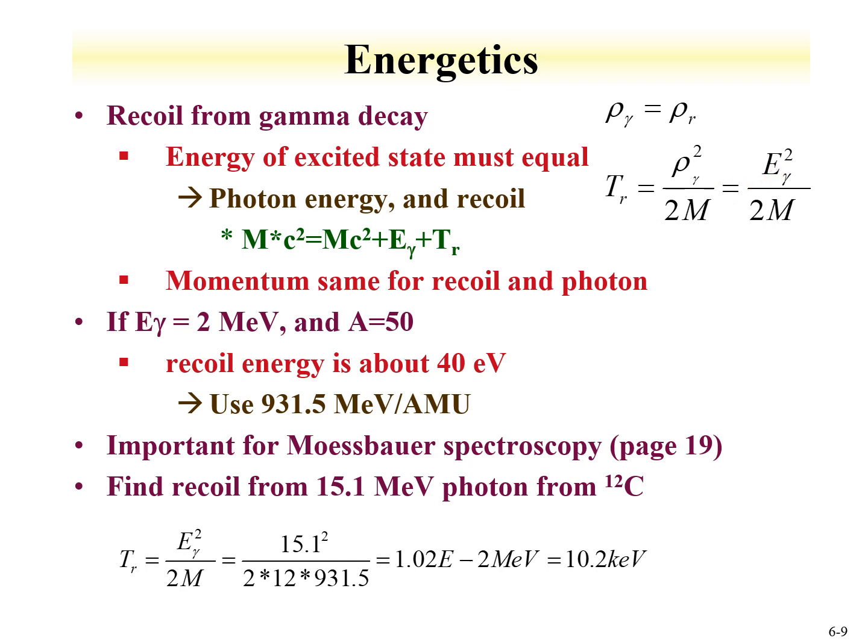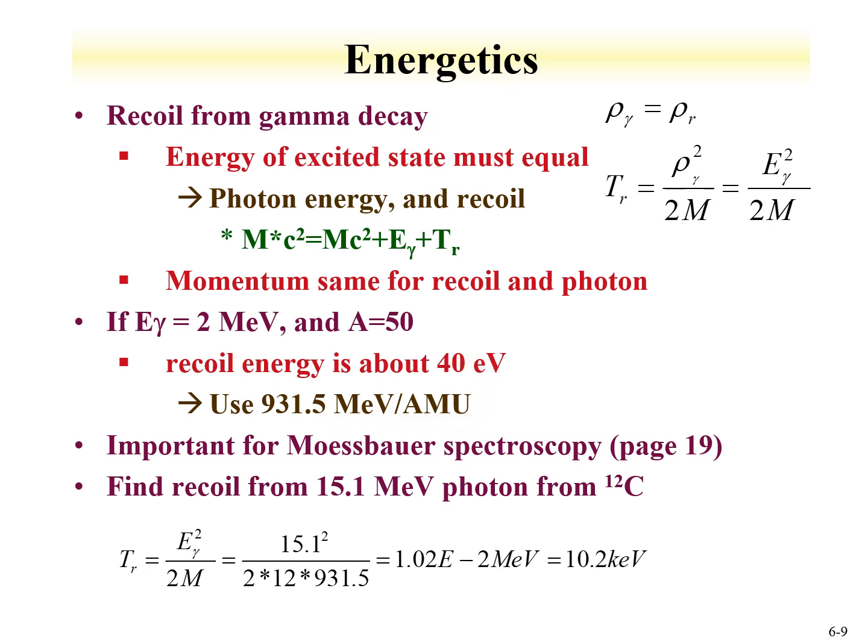This energy is in MeV. As an example, if we have a 2 MeV photon and an A of 50, we can see that there's a recoil energy of 40 eV. We use our conversion between MeV and AMU to determine this value.